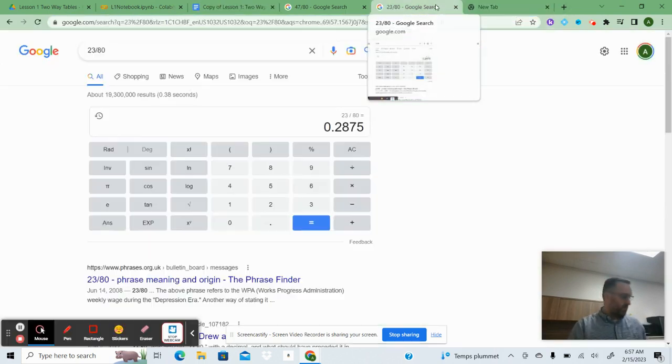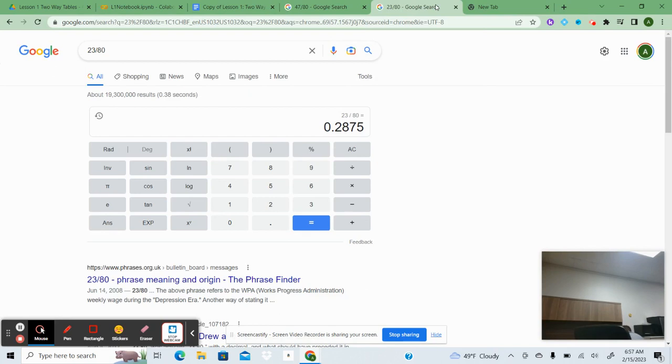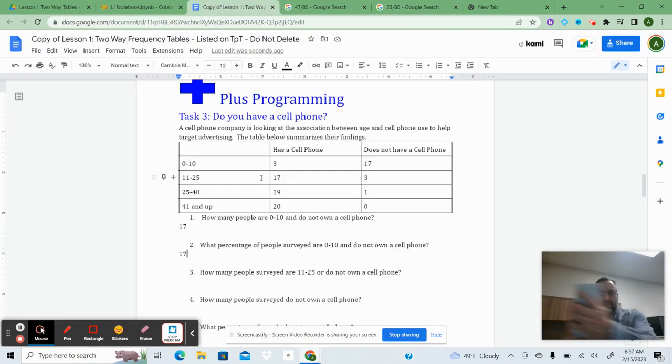I'm going to add my 3 plus 19 and all of that, and use a calculator. So I have 3 plus 17 plus 19 plus 20 plus 17 plus 3 plus 1, and that gives me 77.